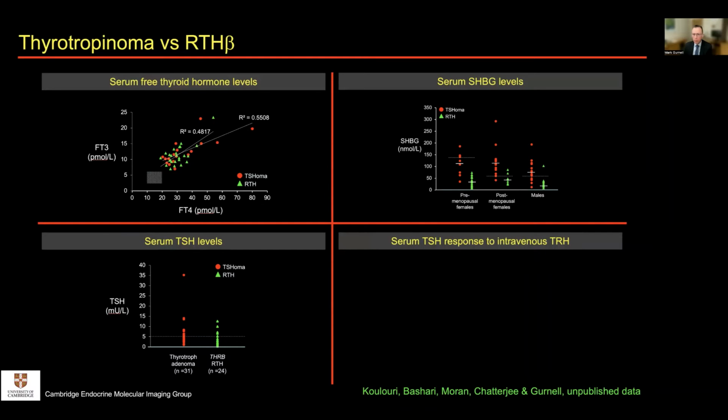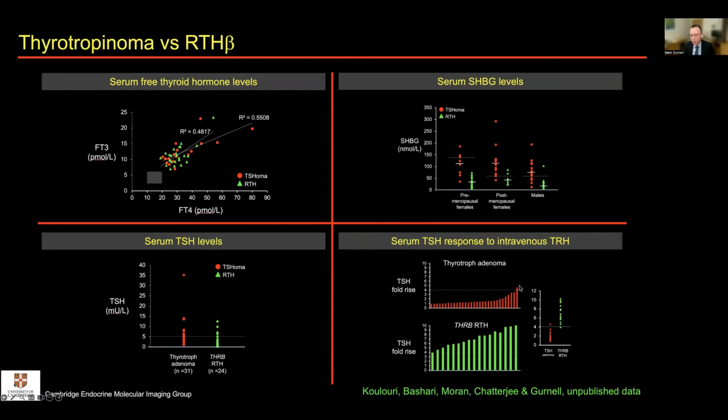But we have been able to show that, unfortunately, there is considerable overlap in SHBG levels between patients with RTH beta and TSHomas. And actually, it's interesting that many of the patients with micro TSHomas seem to often have SHBG levels which are within the normal range. And this holds true whether we're looking at premenopausal, postmenopausal, or in females or indeed males.